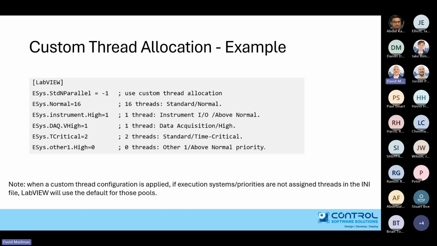If we have ESYS.other1.high equals 0, we're specifying 0 threads for the other one execution system at above normal priority. If we don't define an execution system, LabVIEW will just use the default. Okay, so you don't have to define every pool in the file, just the ones that you want to customize.